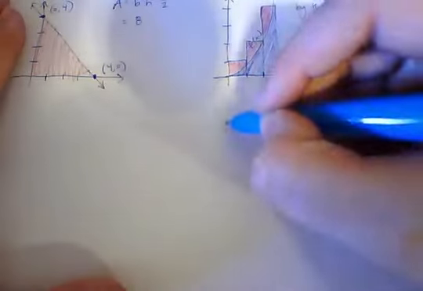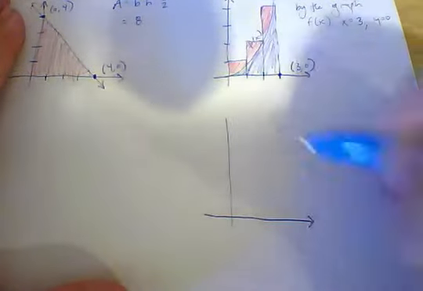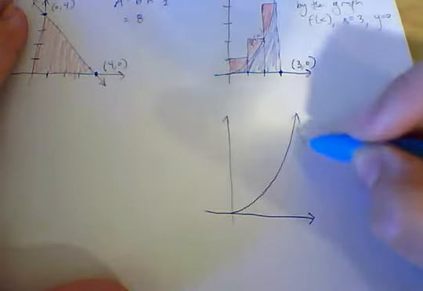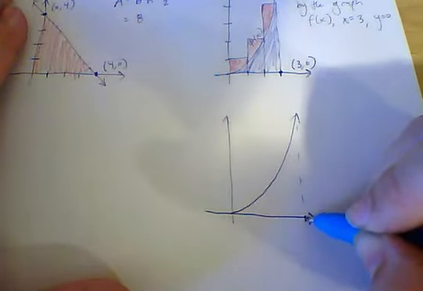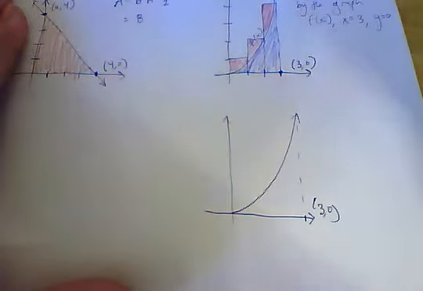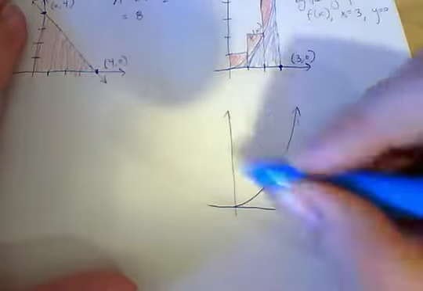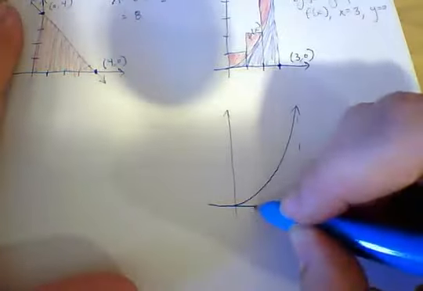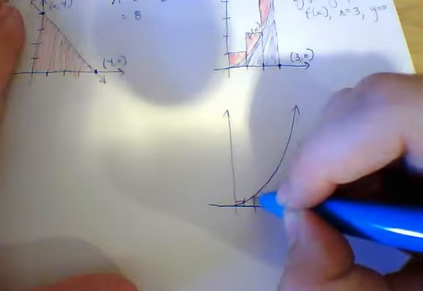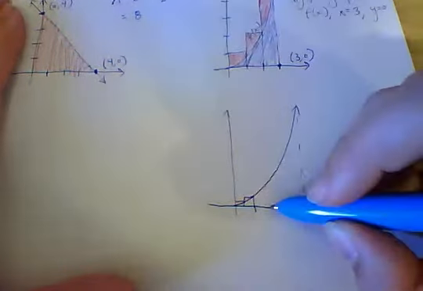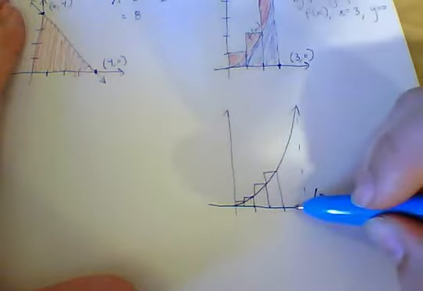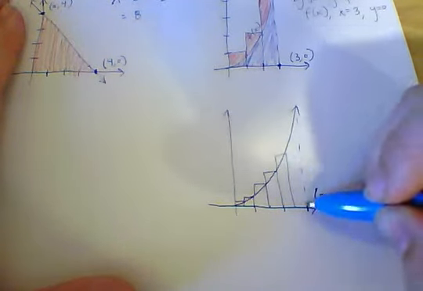So let's consider this graph. Same thing, we still have that curve going on, and we'll still have everything bounded at 3, 0. But check it out. What if I doubled the amount of rectangles? What if I did one here, one here, one here, here. Oh my gosh, check it out.